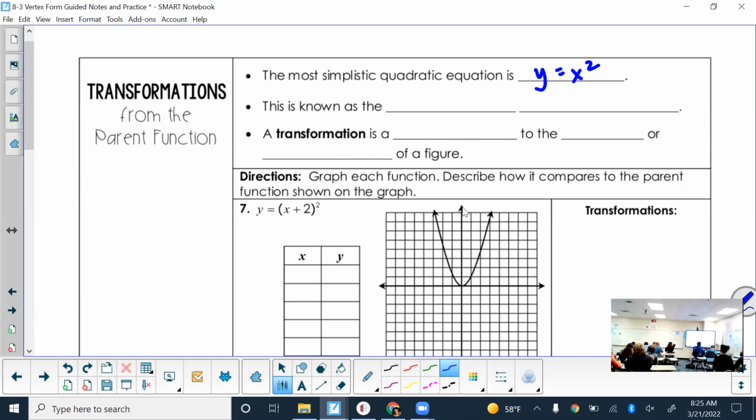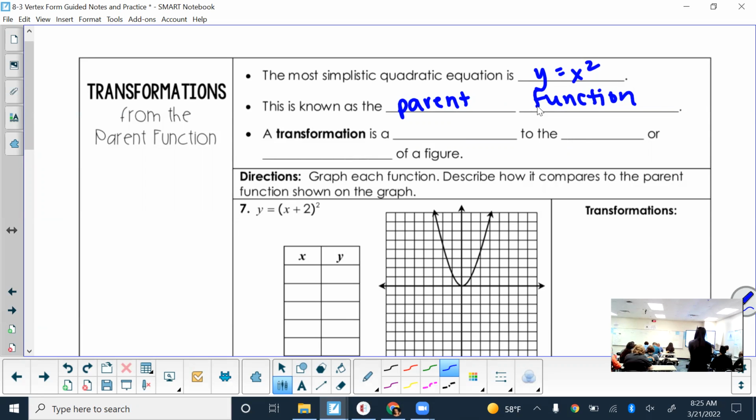On your examples, like 7 through 10, you have your parent function already graphed. That's nice. That's what you're going to compare all the other equations to. So you can fill this in. This is known as the parent function. And any other quadratic equation is just a transformation of the parent function.